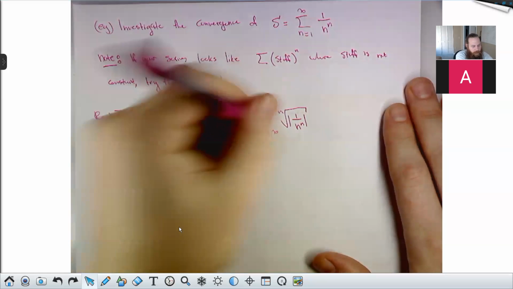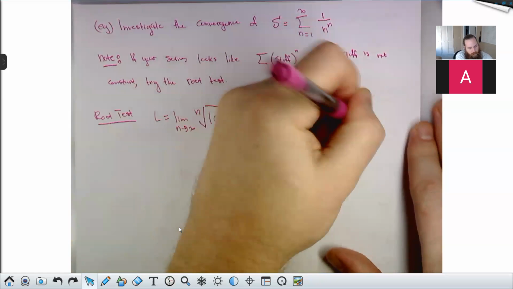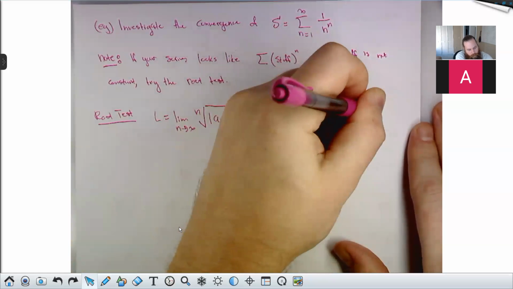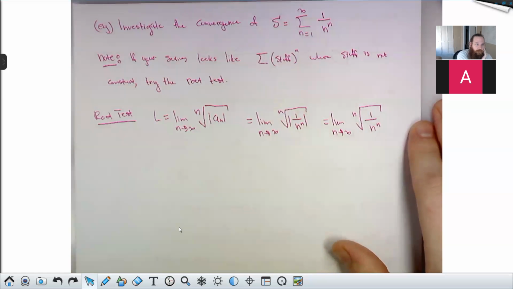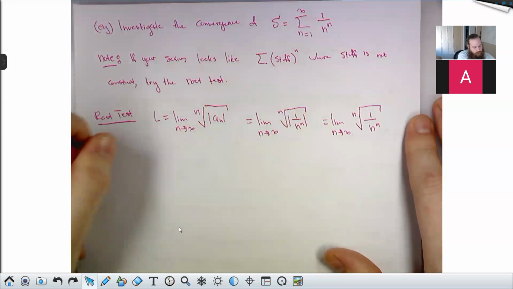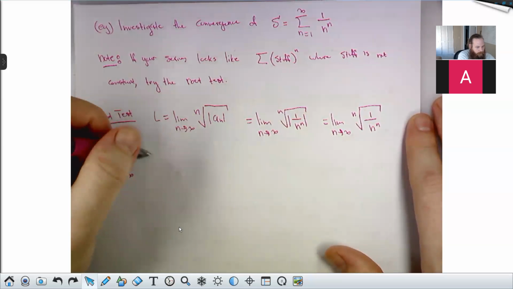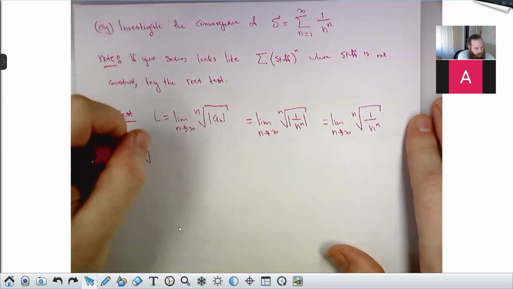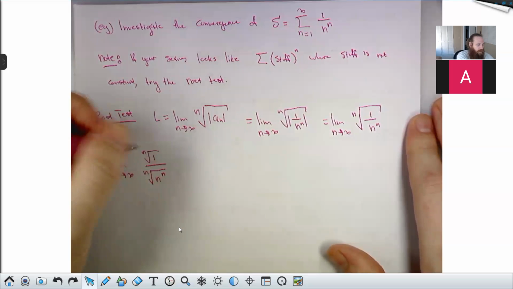Now 1 over n to the n is positive, so this is the same as the limit as n goes to infinity of the nth root of just good old-fashioned 1 over n to the n. And we can think of that as the nth root of 1 over the nth root of n to the n. And the nth root and the nth power here cancel.